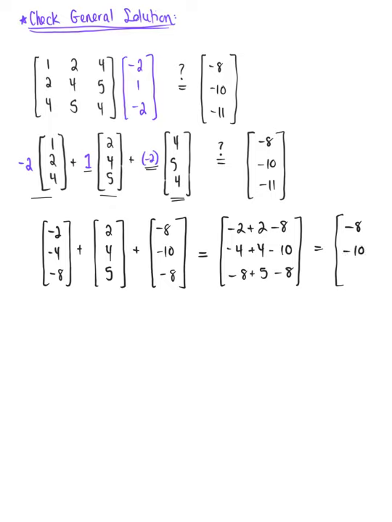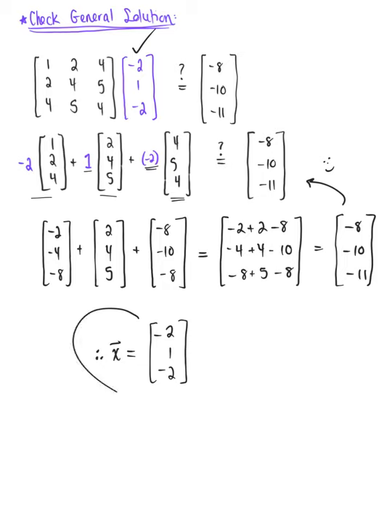And then we have -16 plus 5 is -11. Woohoo, which is what we wanted. Hooray! So this lets us know that yes, this is the accurate solution. We have confirmed that vector x is actually equal to -2, 1, -2. This is the correct, unique solution to our system.